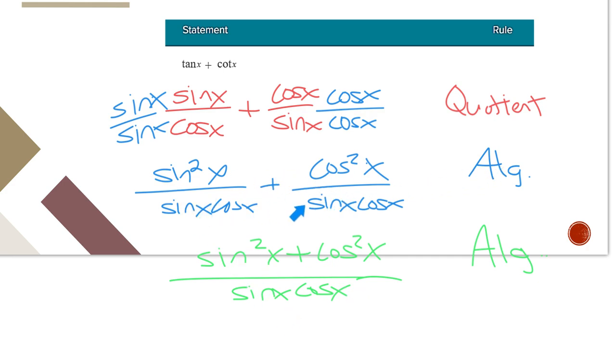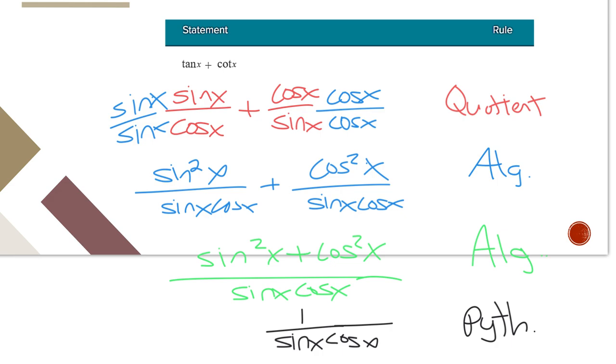They have common denominators, so I can add the tops together. Now this is a Pythagorean identity, which is in fact 1. So this is equal to 1 over the sine of x cosine of x, by that Pythagorean identity.